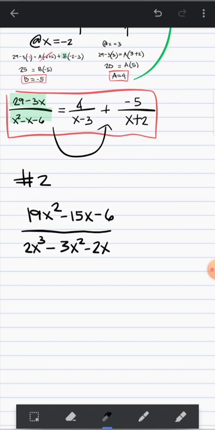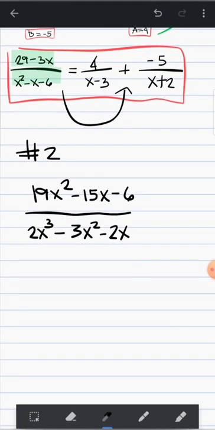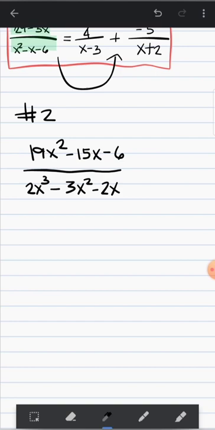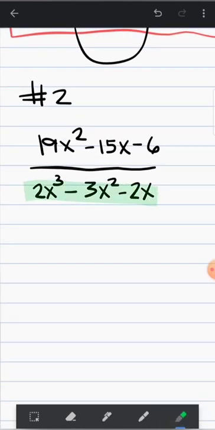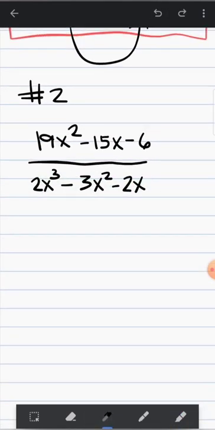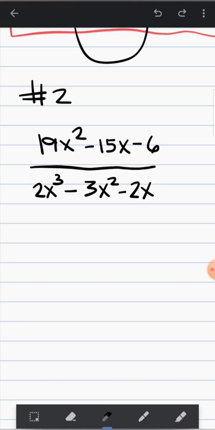So here's how to solve this. First things first, check if the degree of the denominator is bigger than the numerator. Here, the numerator is x squared and the denominator is x cubed, so we can proceed. Then again, factor the denominator completely. I encourage you to watch my video on this channel about factoring, which covers factoring cubic polynomials as well.